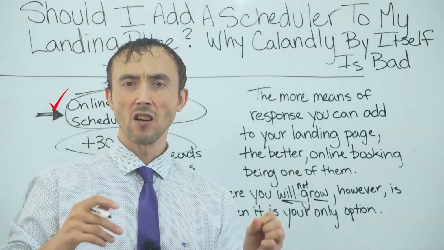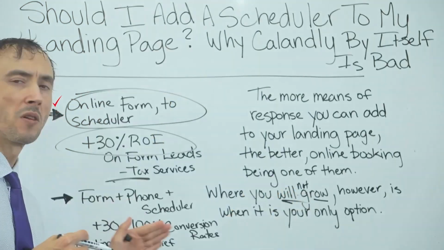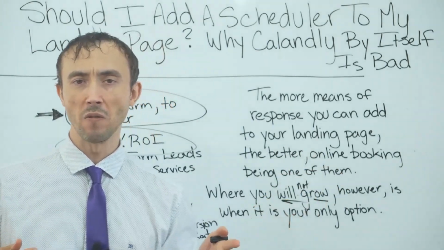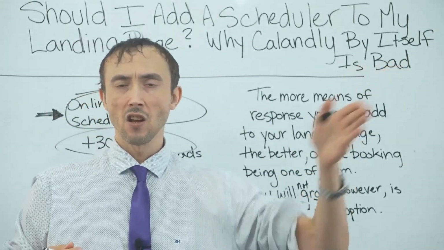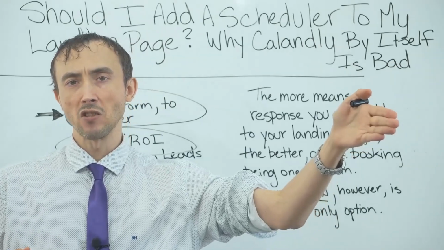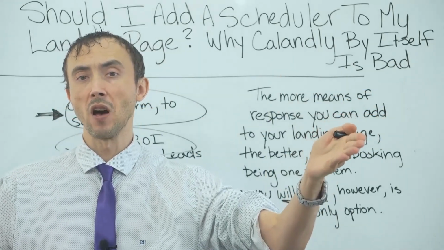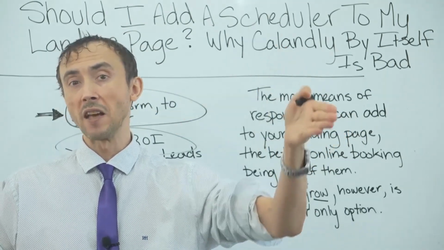But you'll never contact 100% of them. And ultimately, when you ask them while they're still on the website and still in buying mode, if you will, to just book a time right then, you're going to lock down a higher percentage of those users and prevent losing somebody that you may not have been able to get a hold of when you call an hour from now or a day from now.